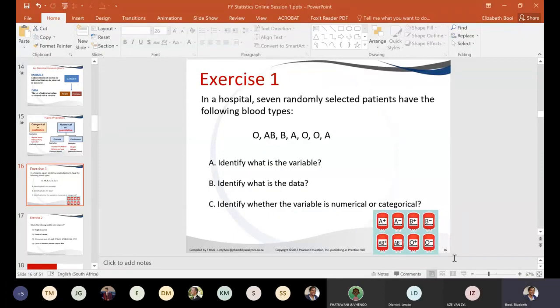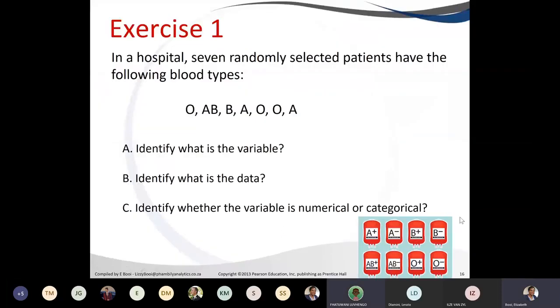I'm not muted, so what is the variable? I would say it's categorical. No, I need to know what the variable is from here. Oh, the blood type? The variable is blood type.